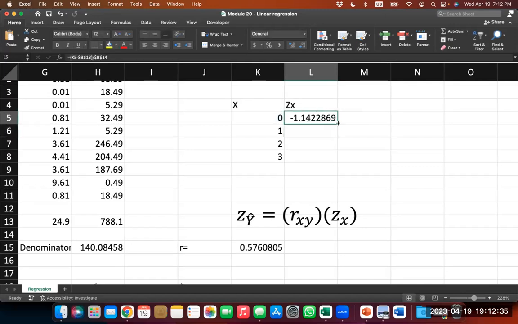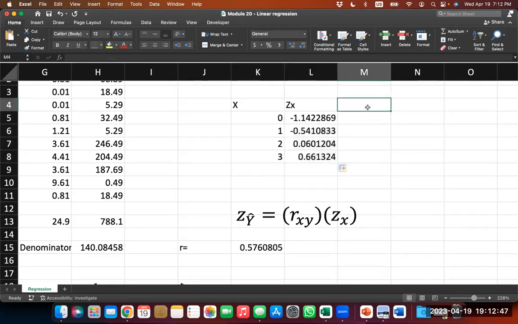If we're doing the same exercise now for all the other x's, we basically have our standardized x values. So now it's simple, right?